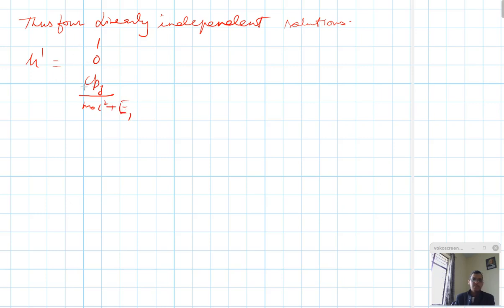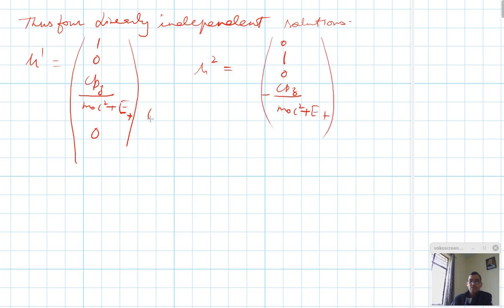This is from equation number 6.3, and this is u2, this is from 6.4, and it is 0 1 0 minus cpz over m naught c square plus E plus, right?